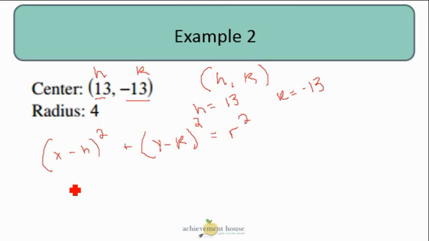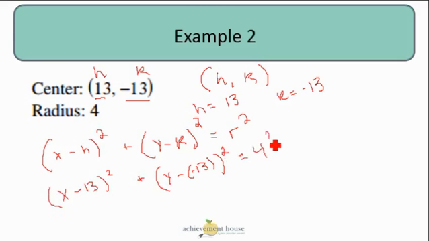So let's substitute everything in. h equals 13, so x minus 13 squared, plus y minus k, k is negative 13, all that squared, equals 4 squared, which is our radius.